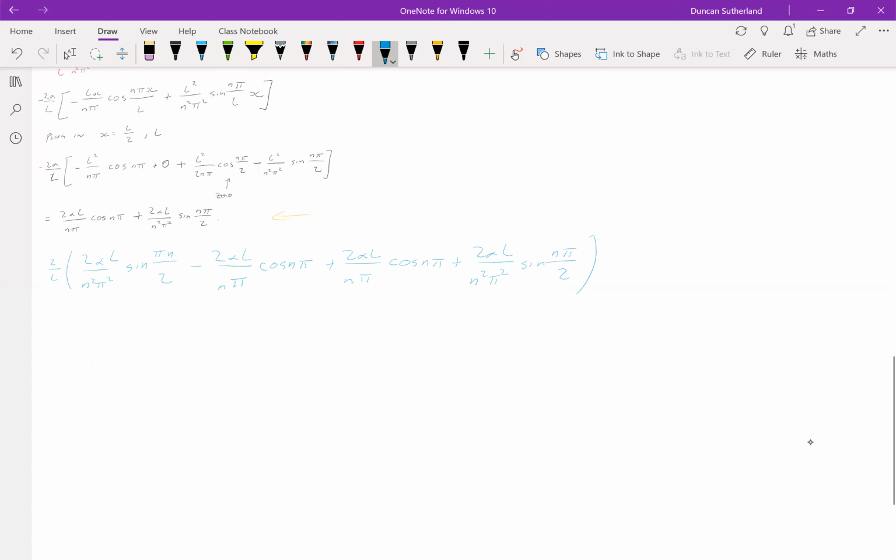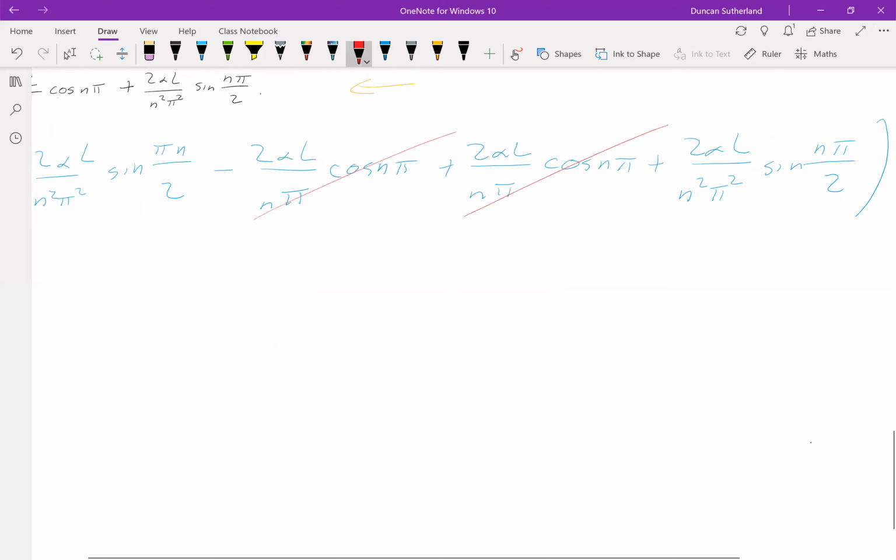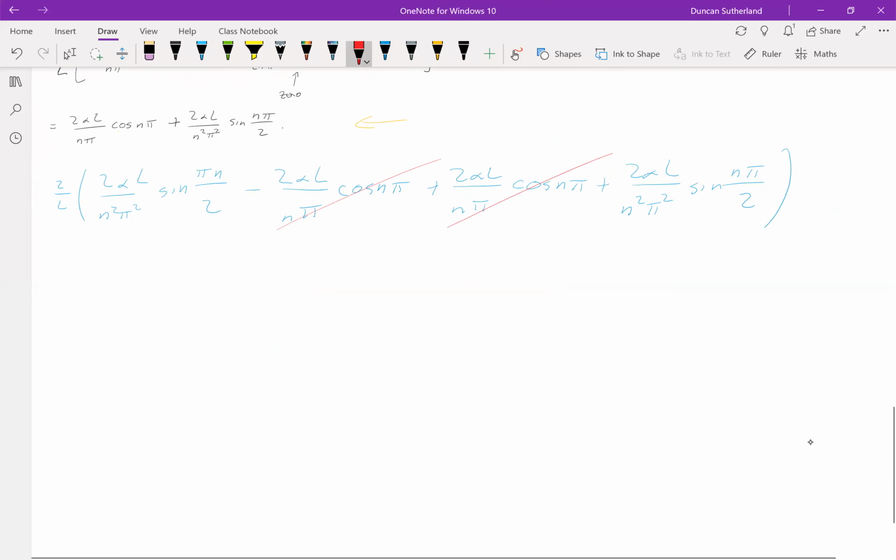All right, so when it's all said and done, this whole thing is equal to, when you add them up, you get 4 on the inside, you multiply by another 2, you get 8 alpha. When you divide through by L, that L goes, so you get it like this, sine n pi on 2.